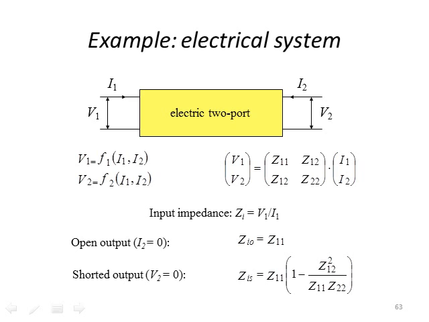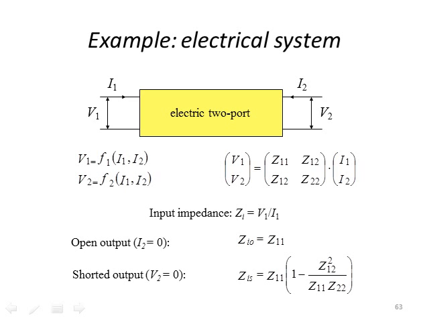An example of an electrical system using the same configuration. Our cross variables, of course, are voltage, and our through variables are current. Using the same procedure, we know that V1 and V2 are related to currents I1 and I2 through impedances Z11, Z12, Z12, Z22.